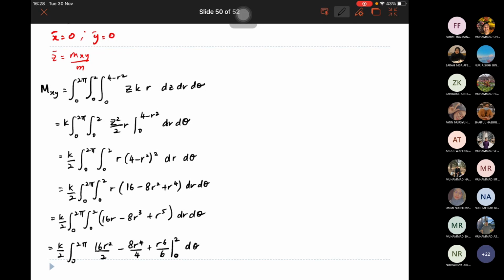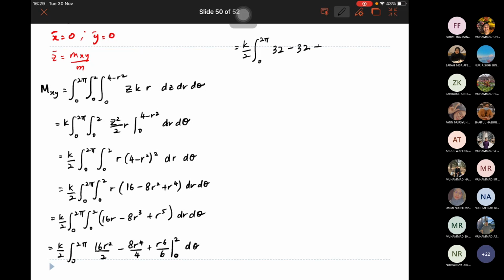So 2 kali 2, 4. Sama dengan K per 2, 0 sampai 2 pi. 2 kuasa 2, 4. 8. 8, 32. Okay. Tolak 2 kuasa 4 sama dengan 16 kali 2, 32.